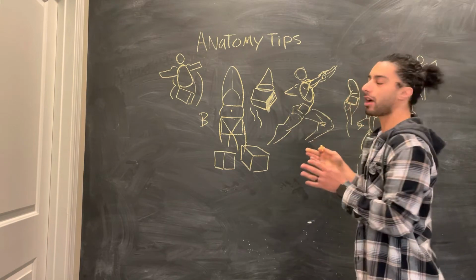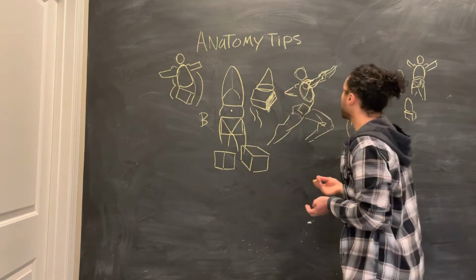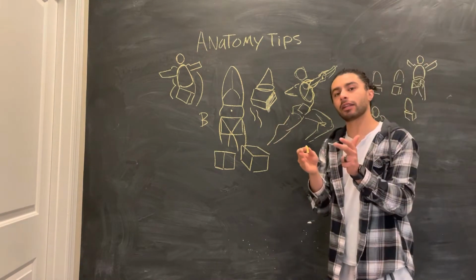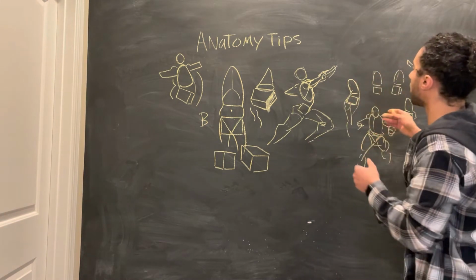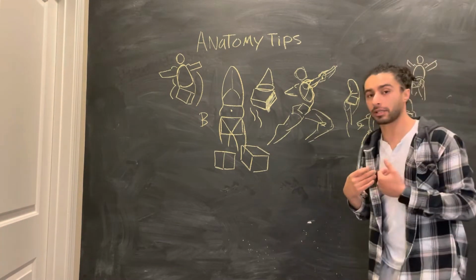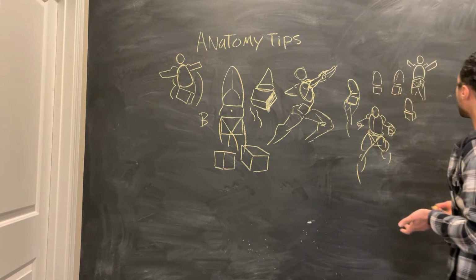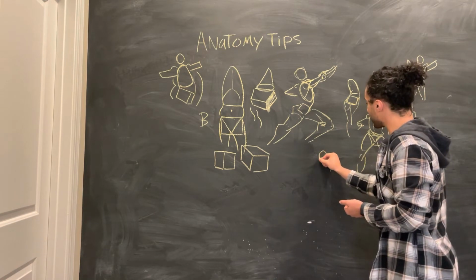But if you're trying to draw from imagination, if you're trying to build a body from the ground up, you got to think broadly and kind of get more specific as you keep going. You can't start off with a lot of anatomy, at least in my opinion. You shouldn't.